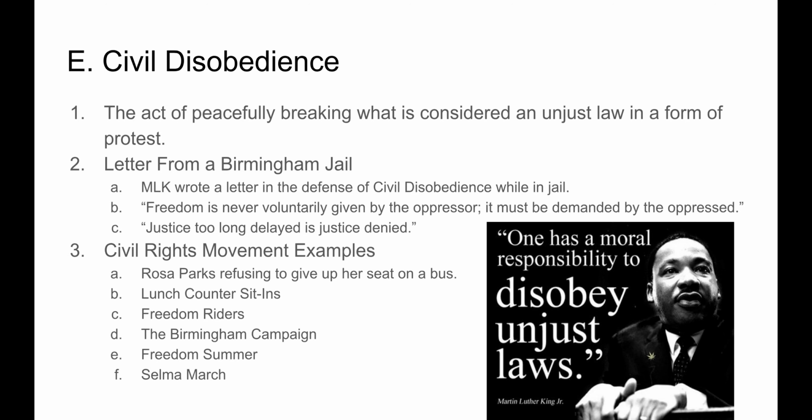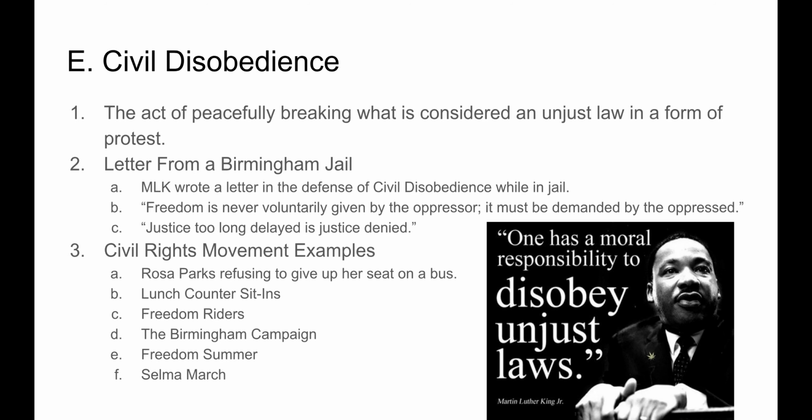The Birmingham campaign itself, marching in the streets and whatnot, and the Freedom Summer, where activists went into the South and began actively trying to register Black Americans to vote, where there were laws that really obstructed their ability to do so. And the Selma March, which is another large-scale march to bring attention to restrictions on voting.